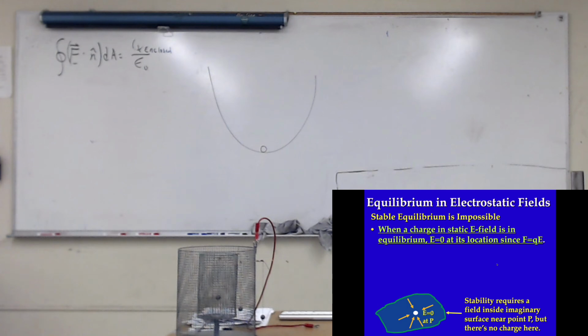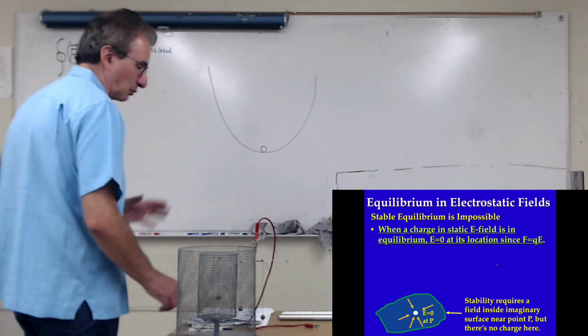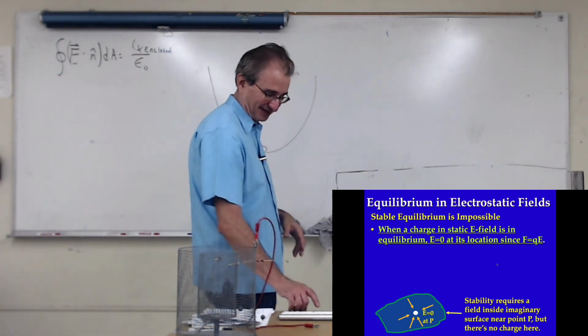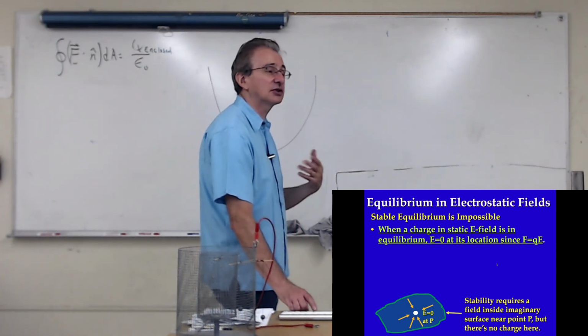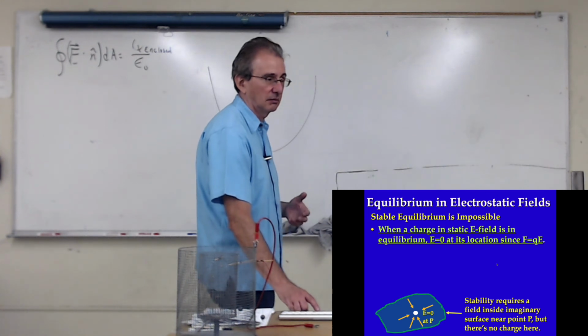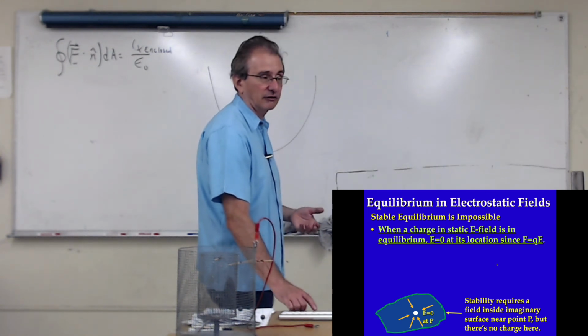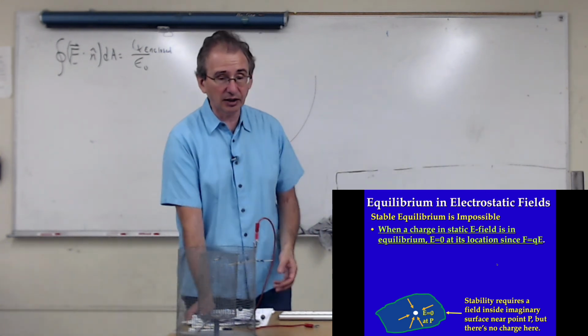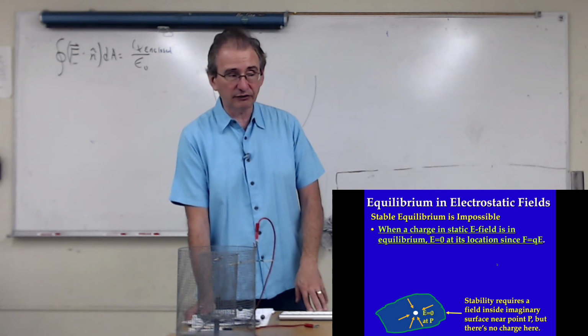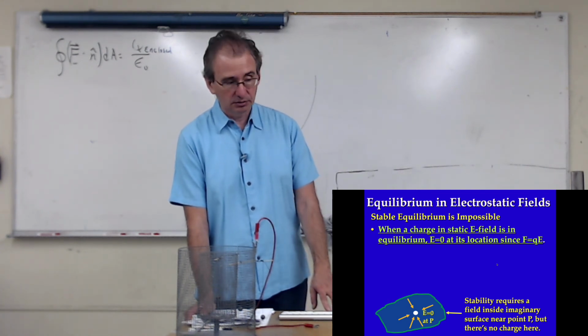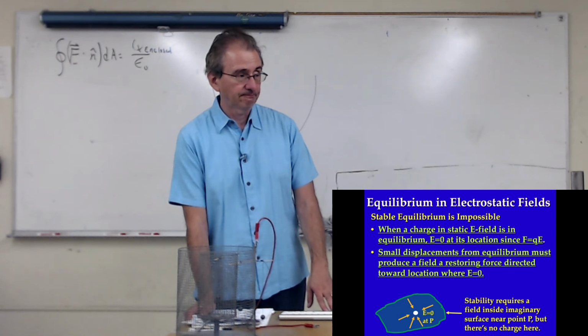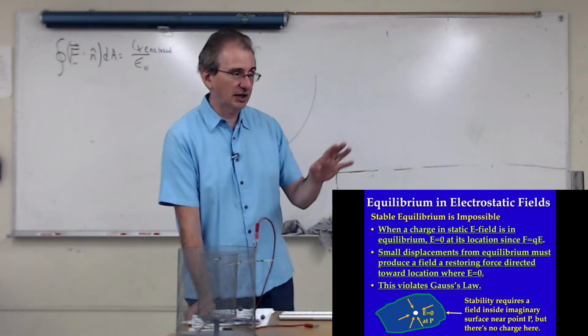That would mean that there has to be a charge there. That violates Gauss's law. There's a really nice way to prove it when you take a junior level course. So there's no such thing as stable equilibrium for particles in electrostatic fields. You can get a charged particle in equilibrium in a static field, but that equilibrium won't be stable. Okay? So that's all I want to say for that.